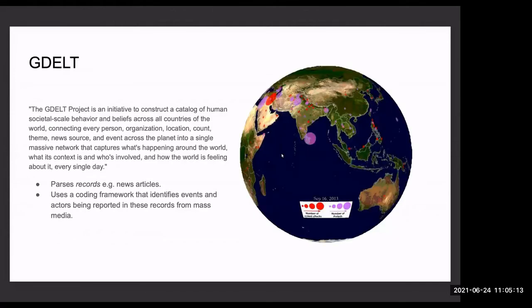And for the mass media part, we looked into the GDELT project, and GDELT is basically monitoring all news in the world in real time. It's quite complex, so to just make things easy, the fundamental of GDELT is that we have records, and the easiest way to think of these is to think of them as news articles, but they can also be transcribed news broadcasts and other stuff.